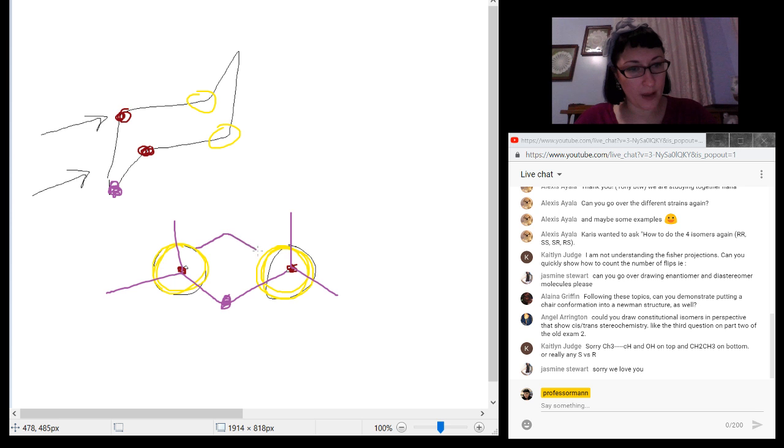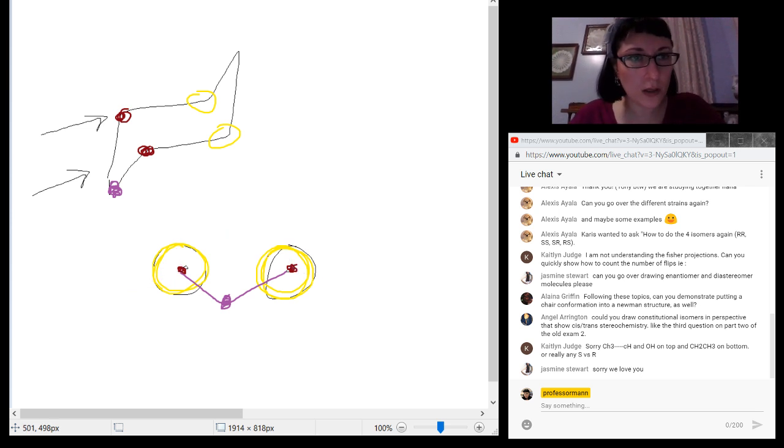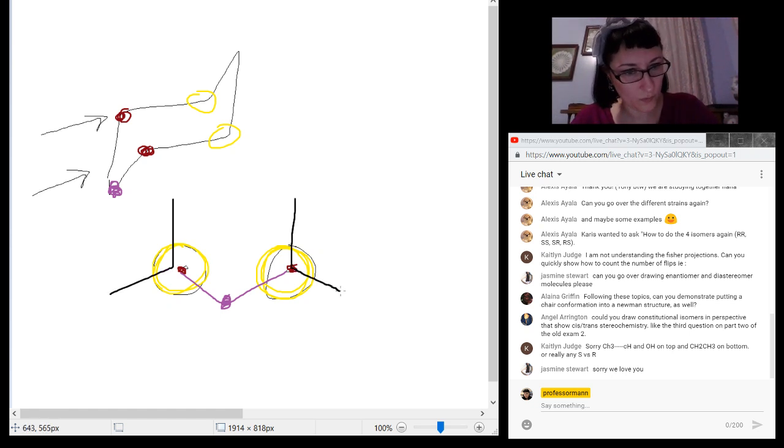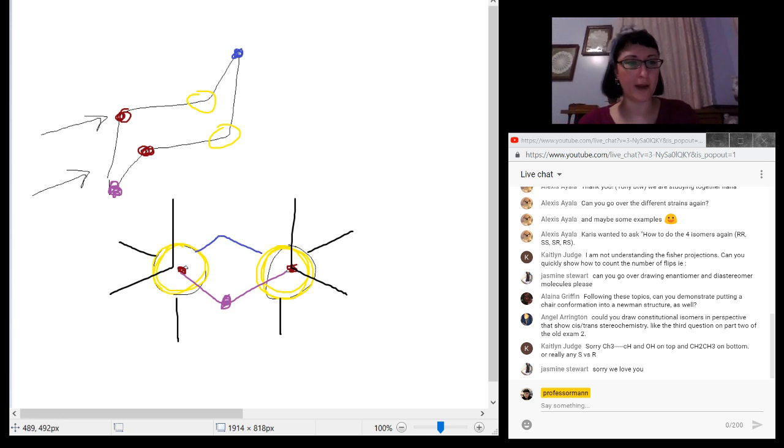And then in the back, I can fill those in. And then you'll notice in the very back, this one there is the one pointing up. So it should look like that. Okay.